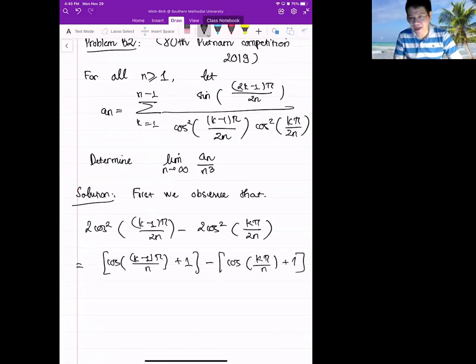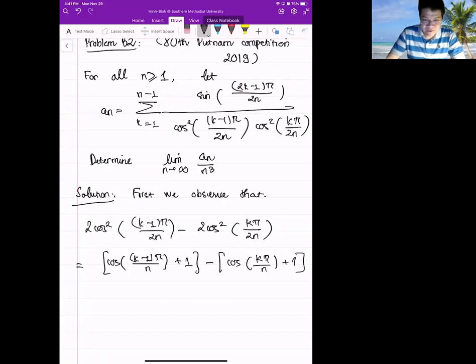So this is basically the half angle formula. The first thing that I observe is that 2 cosine squared of (k minus 1) pi over 2n is basically cosine of (k minus 1) pi over n plus 1, right? So then this is simply a half angle formula.